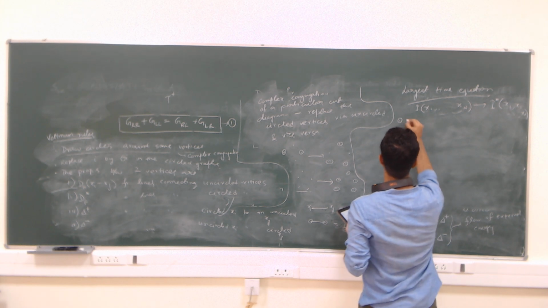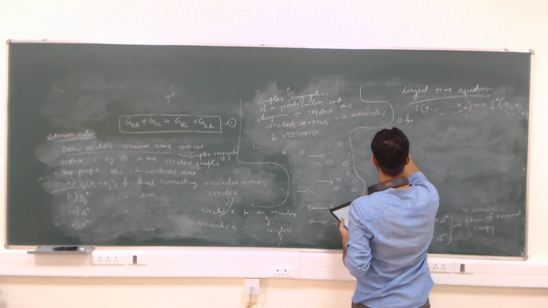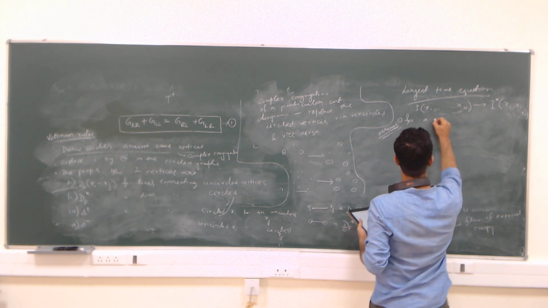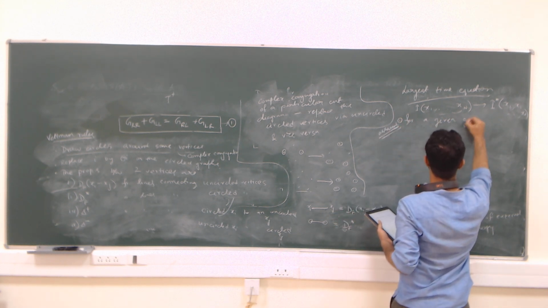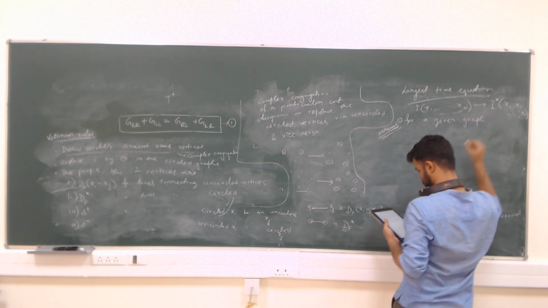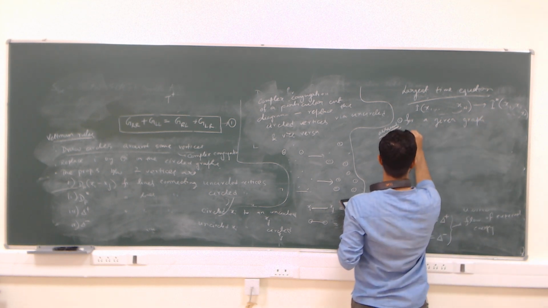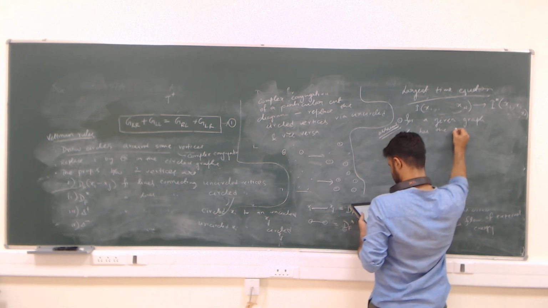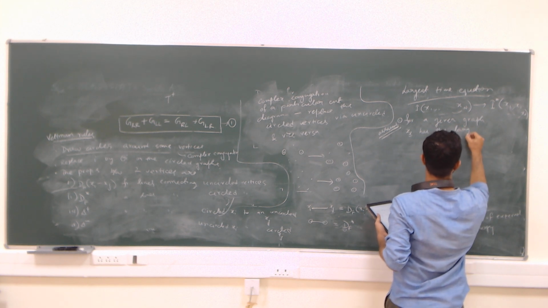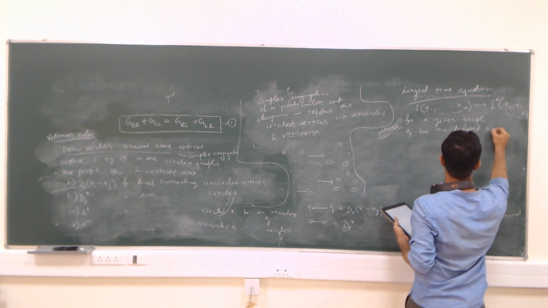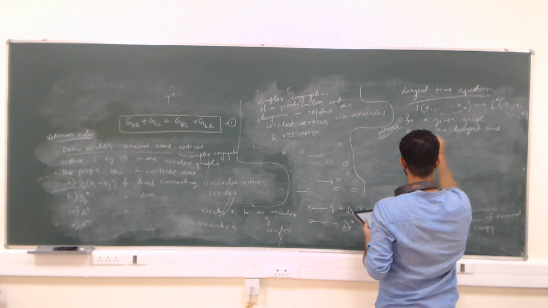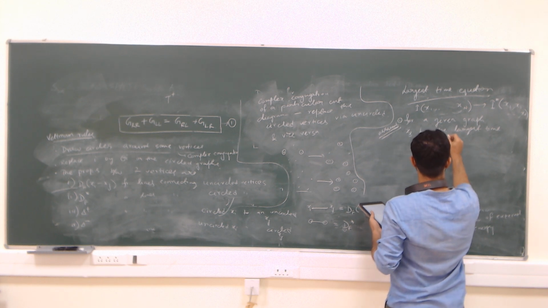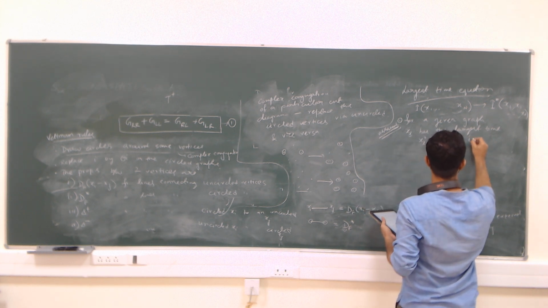So what we will assume is that for a given graph, xn for some n is the largest time among all n possibilities. So xn0 is greater than xi0 for all i not equal to n.